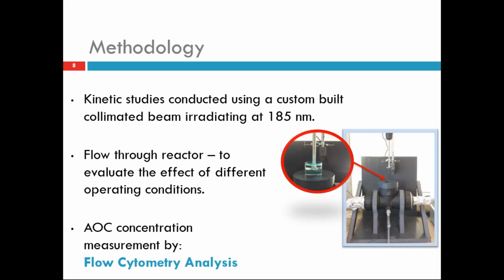Also, we use a flow-through bench scale setup to evaluate the water quality at different operating conditions, and the AOC concentration is determined using flow cytometry analysis. Flow cytometry is one unique way of measuring AOC.